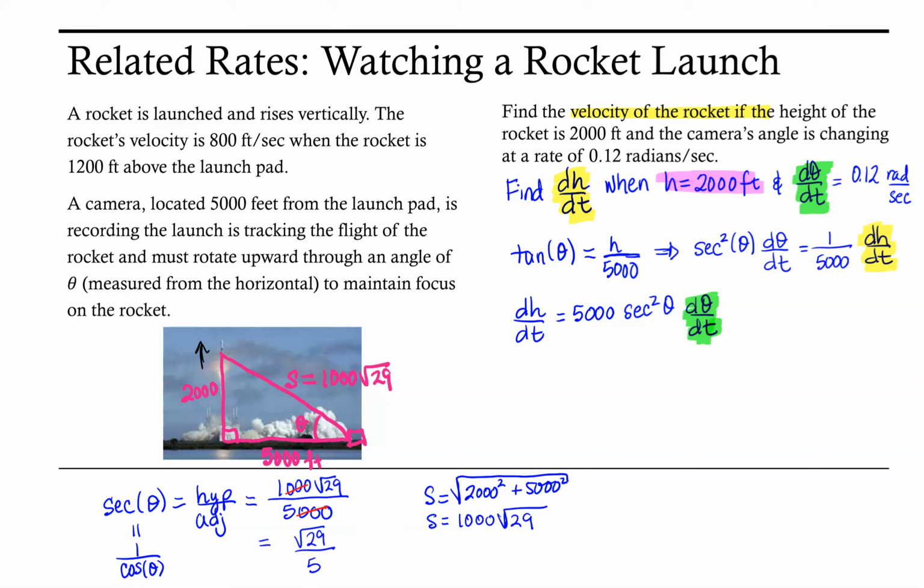So let's go ahead and insert our information into our equation that's relating the rates of height and theta. So we end up with dh/dt is equal to 5,000 times the square root of 29 over 5, squared, times 0.12.